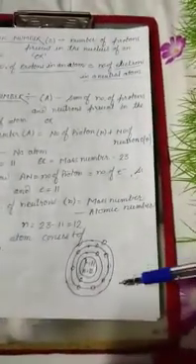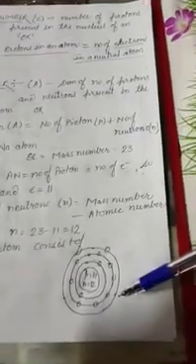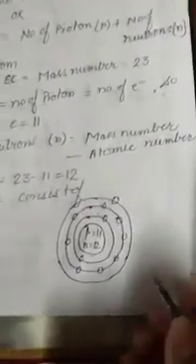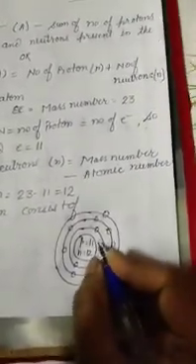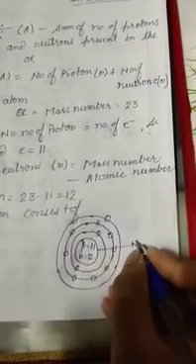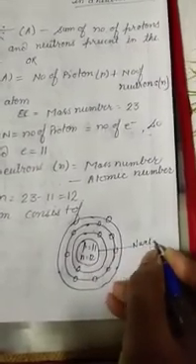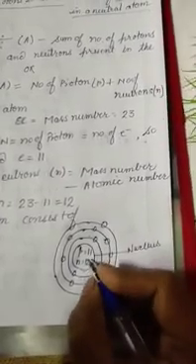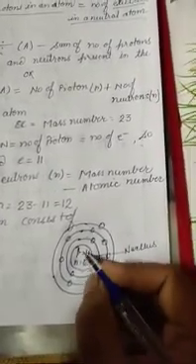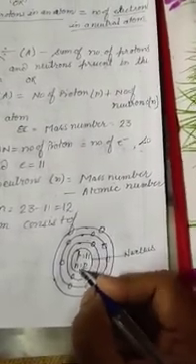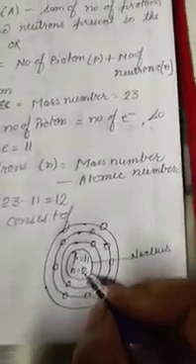Now the question is, what are the positions of these subatomic particles? This is the nucleus, and inside the nucleus there are two subatomic particles present. One is the proton, which is 11, and second is the neutron, which is 12.